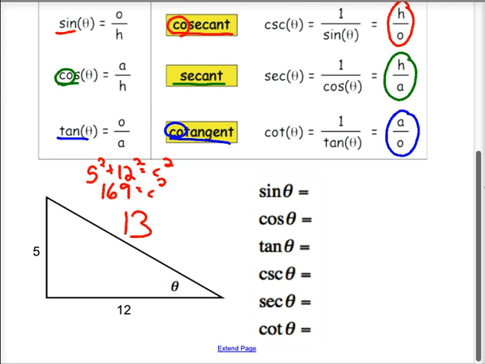So I know I'm going to be dealing with 13 there. And now I have to start piecing my things together. So here we have our opposite side, adjacent side, and hypotenuse.